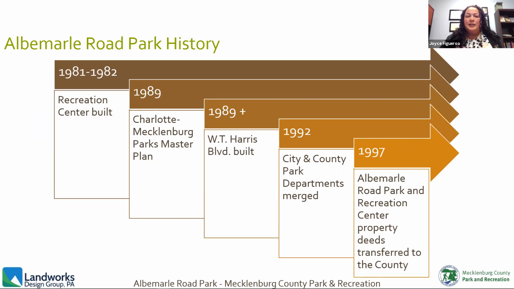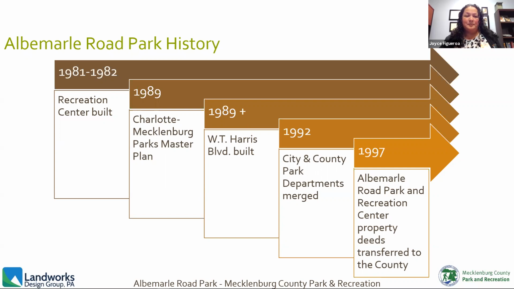In 1992, the city and the county parks department merged into what is now known as Mecklenburg County Parks and Recreation, and all the parks and recreation facilities moved from the jurisdiction of the city to Mecklenburg County. In 1997, the property deeds of the existing park at the time and the recreation center were transferred from the city to the county officially as part of that merger.